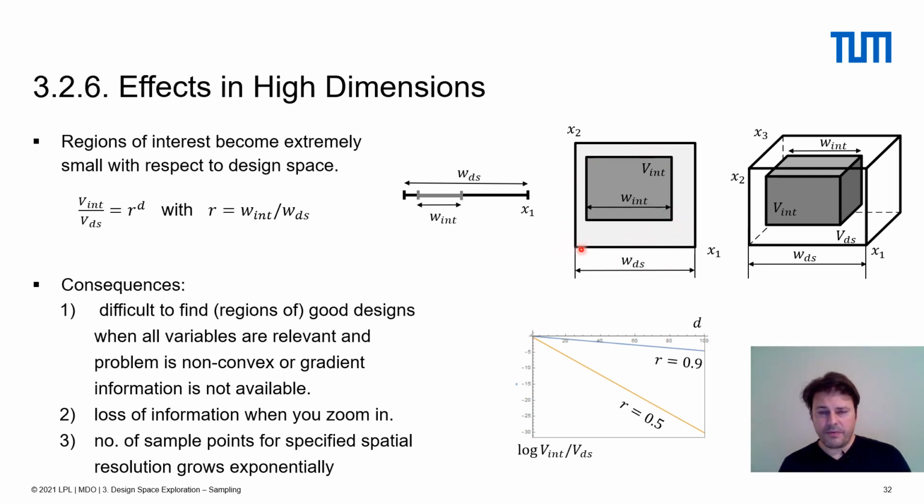So any statement about the entire design space would be essentially lost when you focus on a region of interest with only half the interval size of the original design space interval size. So that's another curious effect that I would like to show to you to make high-dimensional design space a little more intuitive. I hope that helps a little bit.